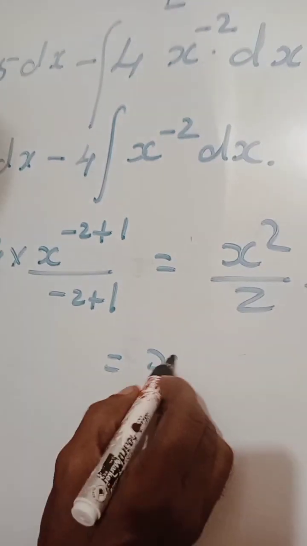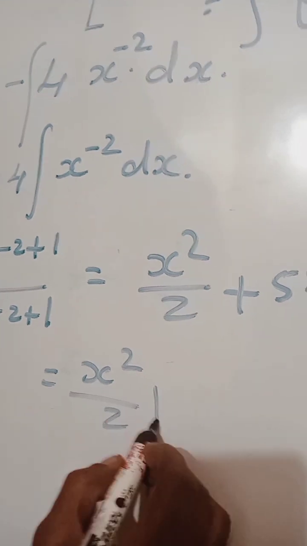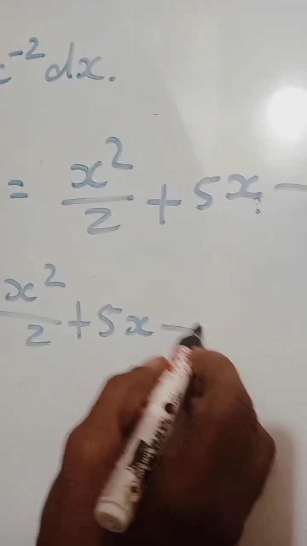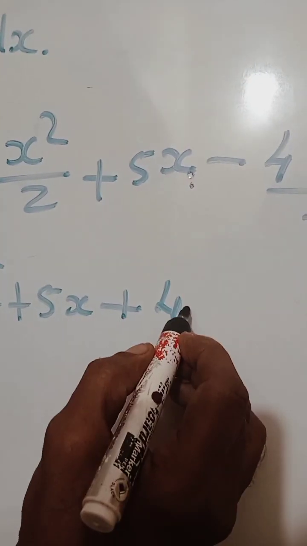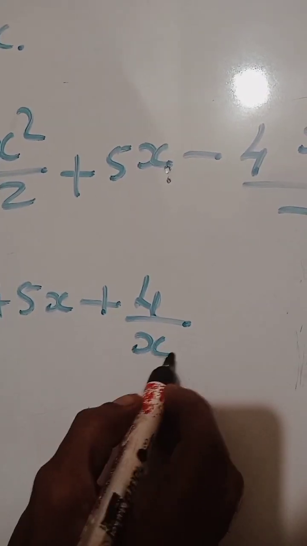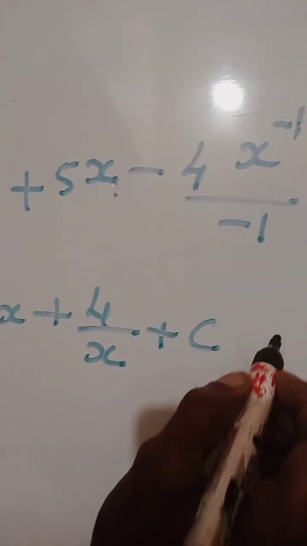This is equal to x square by 2 plus 5x plus 4 divided by x plus c, where c is the constant of integration.